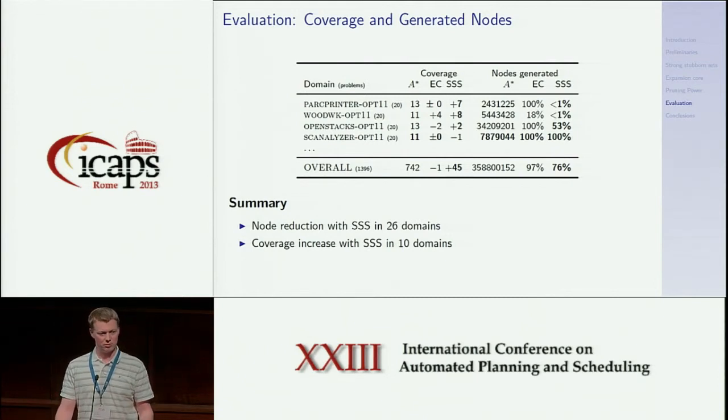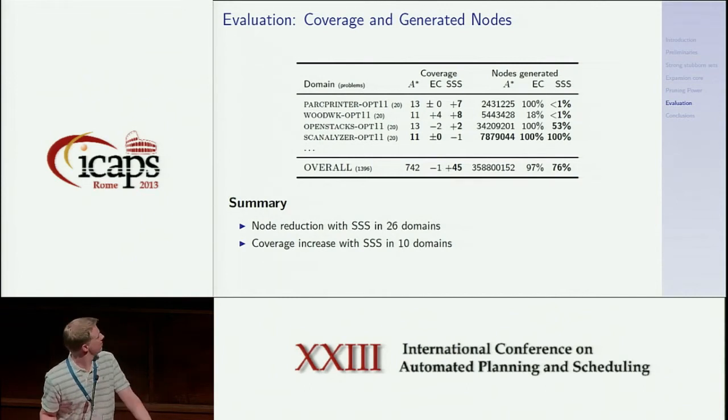So we overall generate less than 1% of the nodes generated by A star. In Scanalyzer, we do not get any pruning at all for both expansion core and strong stubborn sets. And in this case, because we currently pre-compute the interference relation of the operators prior to the search, we lose one instance in coverage because we just ran out of memory.